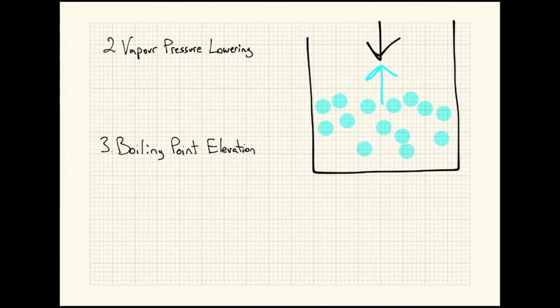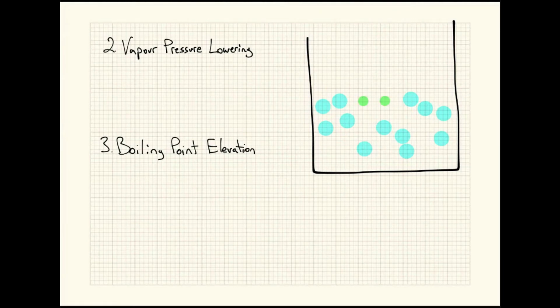So how are these affected by solutes, contaminants, if you will? Well, let's get rid of our arrows and let's imagine the case where several of these molecules near the surface, some fraction of them, are actually our contaminant.